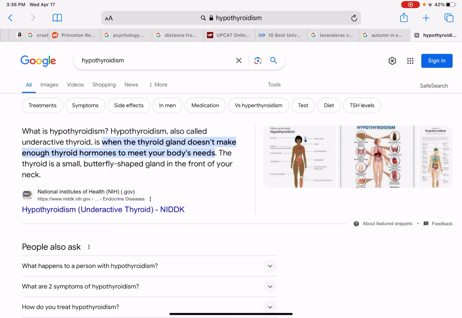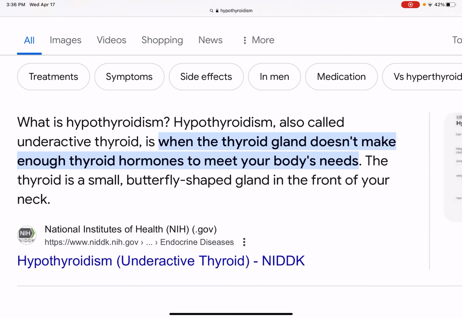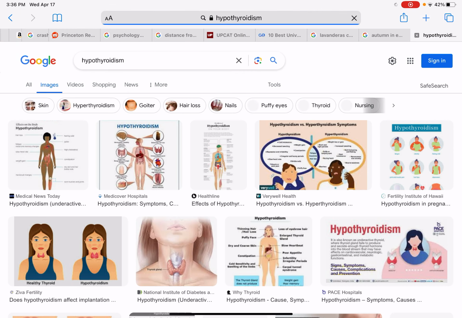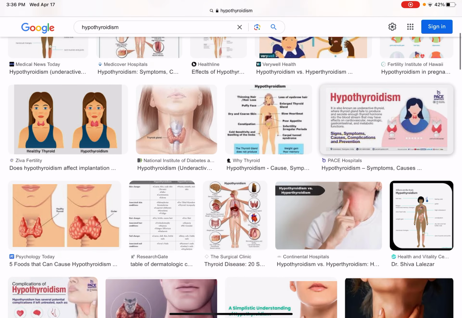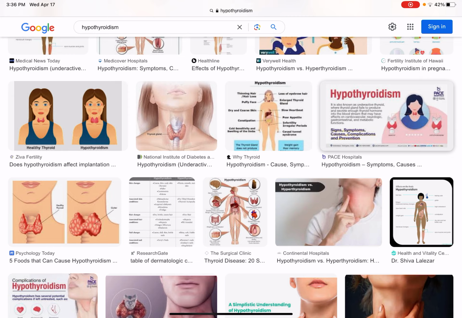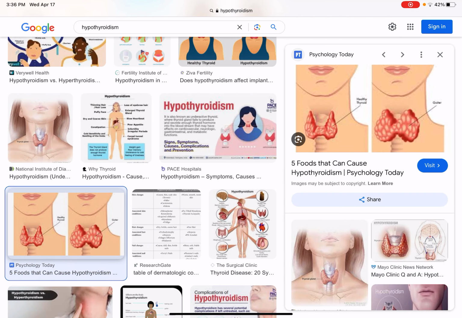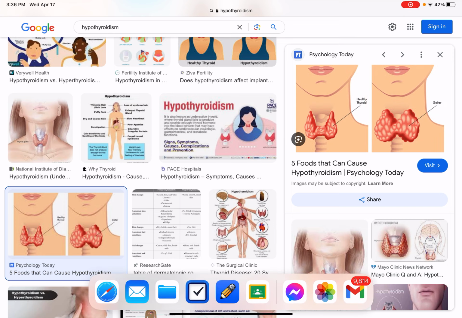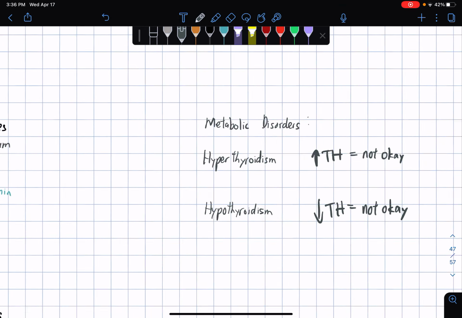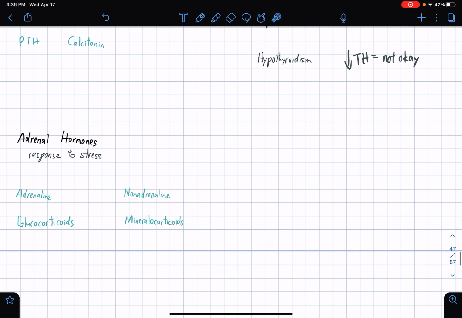The thyroid gland is not able to secrete enough hormones to meet the body's needs. So instead of being enlarged, it shrivels in a way. I don't know if shrivel is the appropriate word for it, but it basically shrinks.